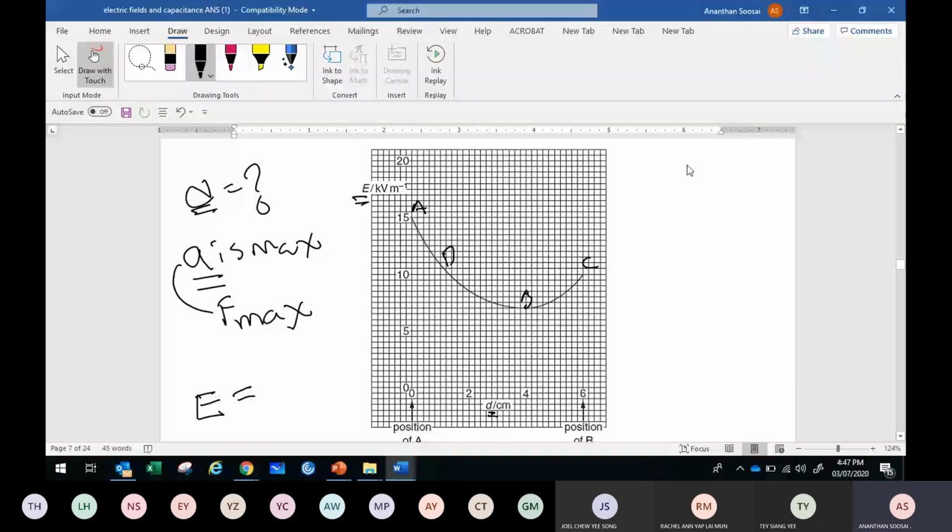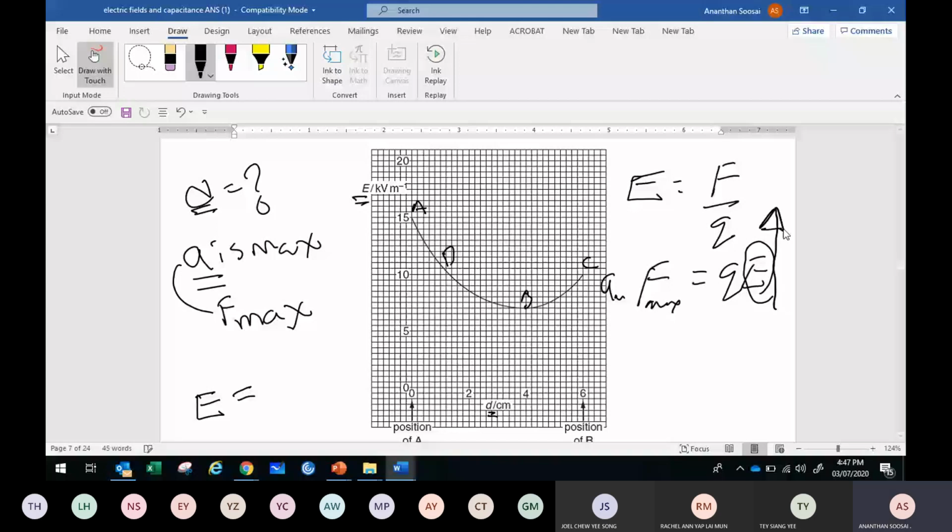E equals F over test charge Q. So force equals Q times E, your AS knowledge now, right? So a becomes max when F is max, and F becomes max when the electric field strength becomes greatest. So at which point is the electric field strength the greatest?